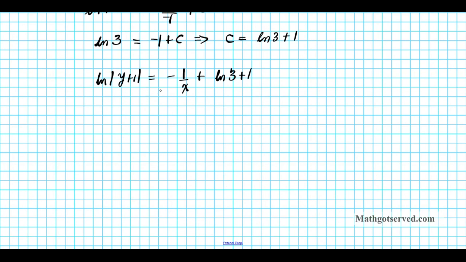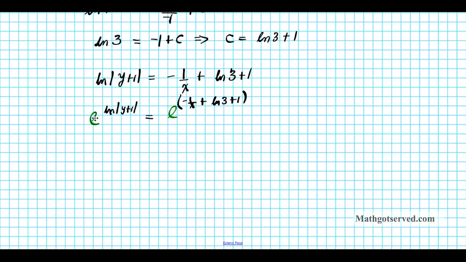Now, to get y plus 1, this absolute value quantity, the argument of the logarithmic function isolated, we're going to get rid of the ln using its inverse, which is the exponential function. So e to the ln of the absolute value of y plus 1 equals e to the negative 1 over x plus ln of 3 plus 1.